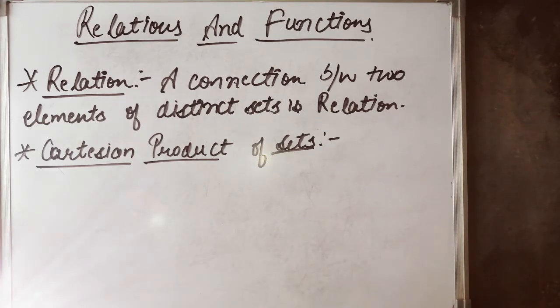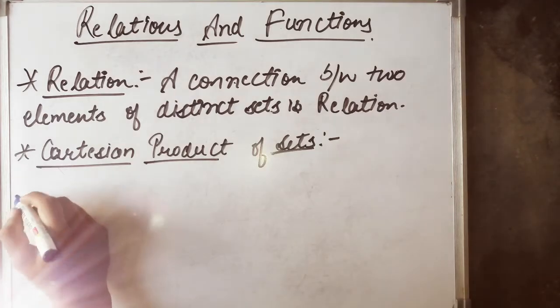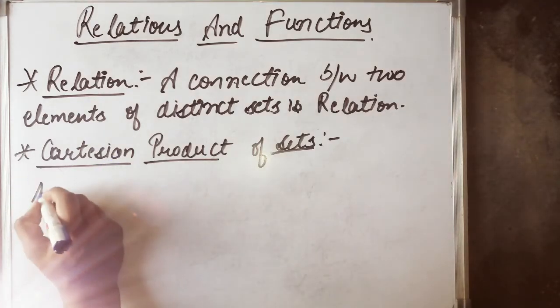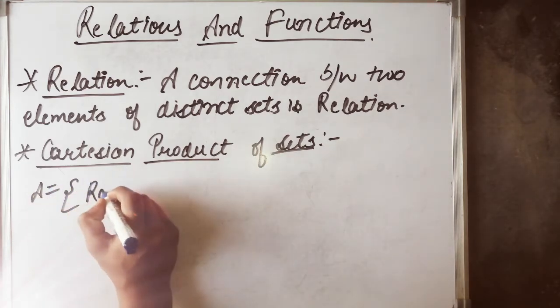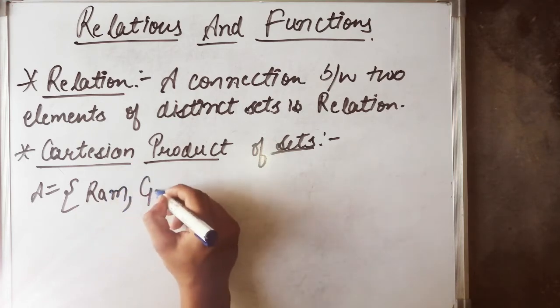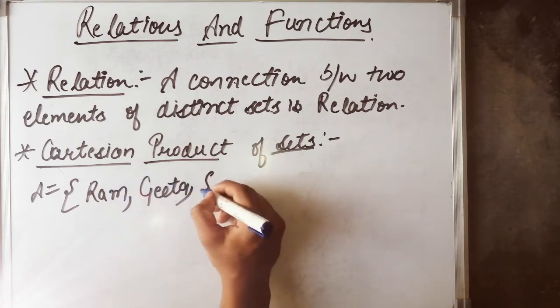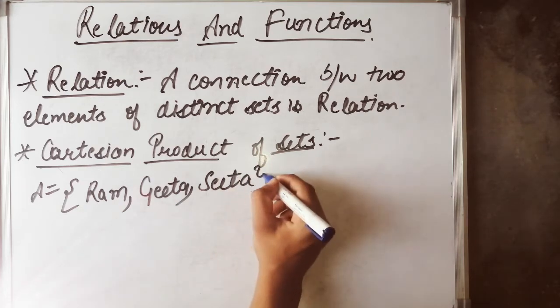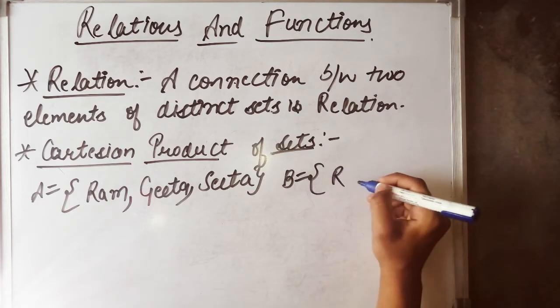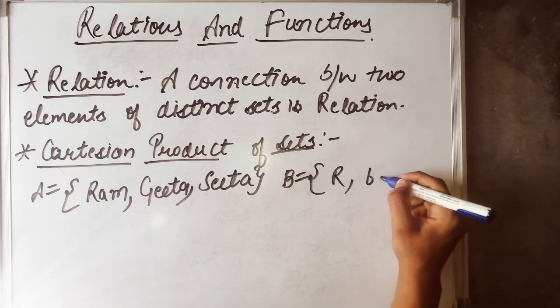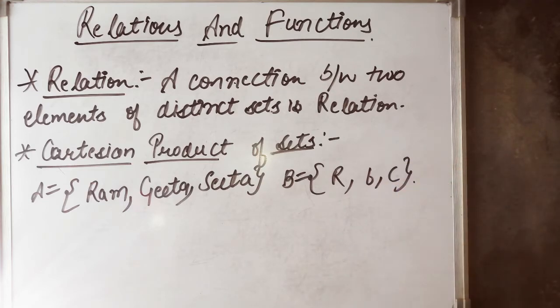Suppose you have two sets, and the first set is A, which has Ram, Geeta and Sita, and our B set is R, B, C. These are two distinct sets and we have to find out the number of relations between these sets.